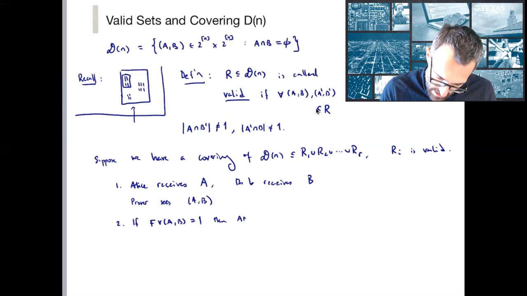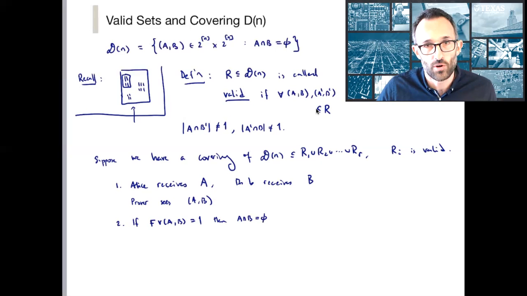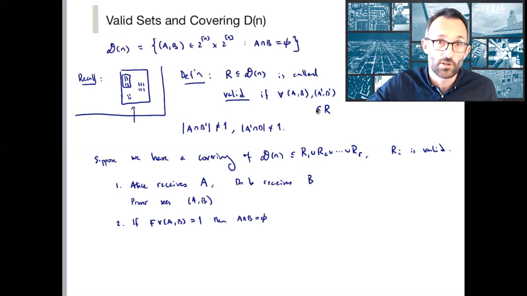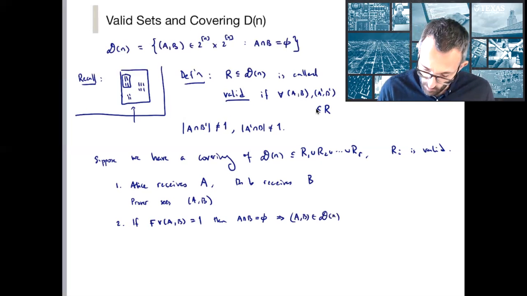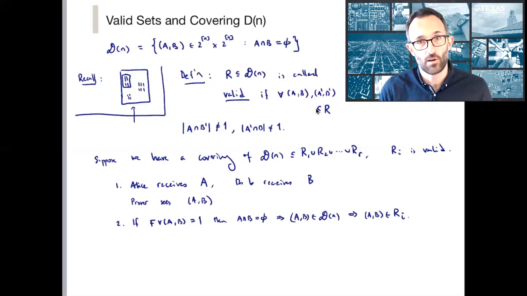Then A intersect B is empty. Remember, larger intersections are not allowed by our simplification of the game. And in particular, that implies that A comma B is in our set D of n. And therefore, A and B is in one of these Ri's. Let's say it's in Ri.